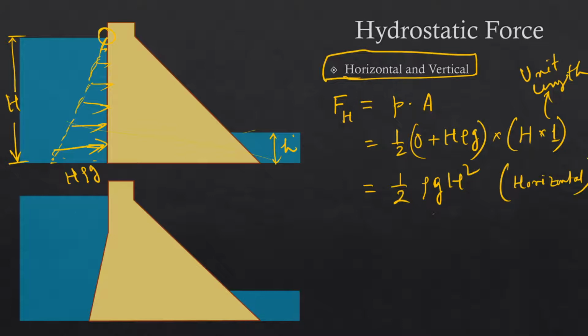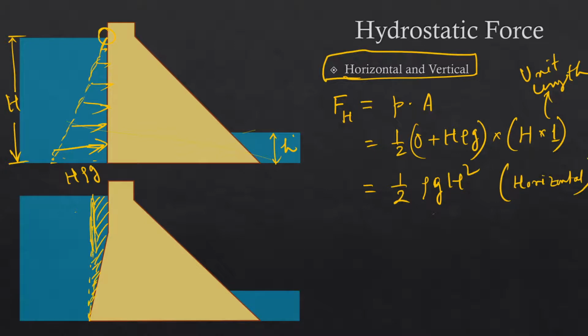So the horizontal component is simply equal to whatever we have calculated before, and the vertical component of hydrostatic pressure force will be equal to the weight of liquid directly above the inclined surface. That means in our case this much is our inclined surface in this figure. Then we'll have to calculate the weight of this portion of water, or this wedge shaped volume of water.